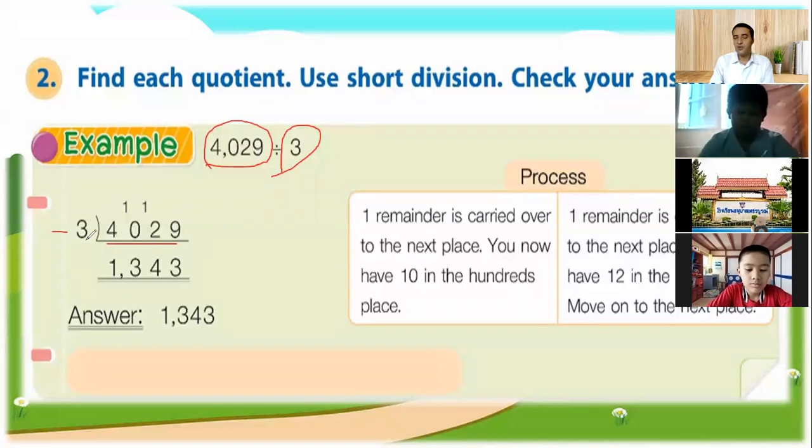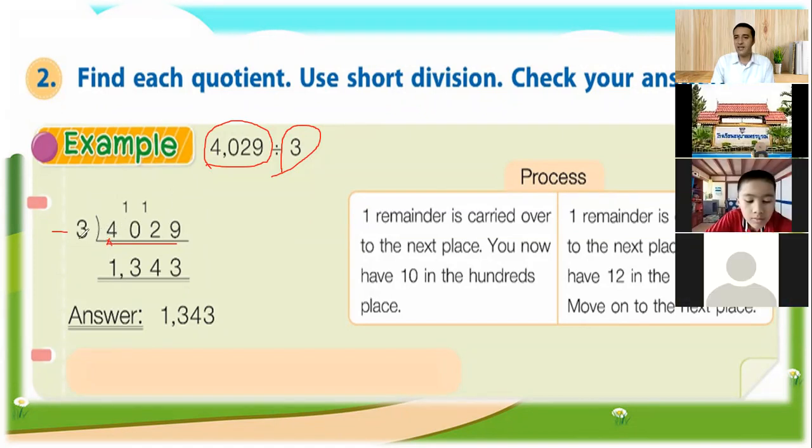We are going to use the table of 3. We start from the greatest place value, which is 4000. The 4 is greater than the divisor, so we can use the table. 3 multiplied by 1 is equal to 3, right?